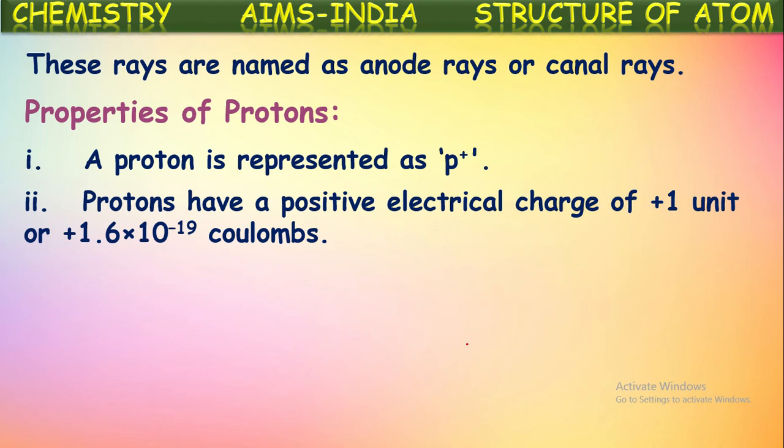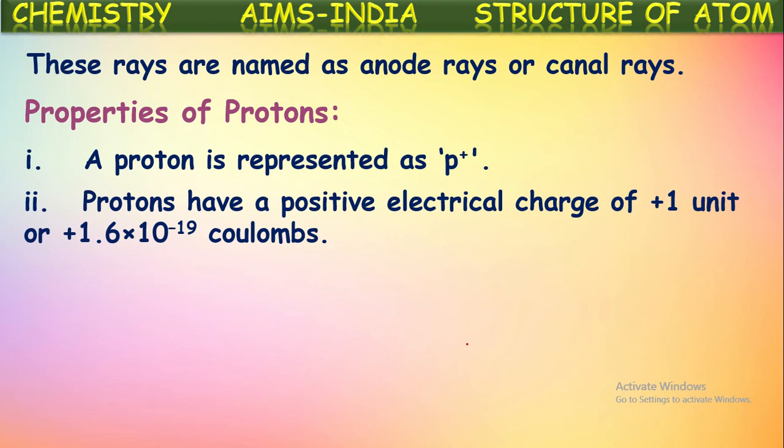The charge of the electron and the charge of the proton are numerically equal, but the electron's charge is negative whereas the proton's is positive. That is why an atom has an equal number of protons and electrons, and hence atoms are electrically neutral, because the positive charge of protons is counterbalanced by the negative charge of an equal number of electrons.